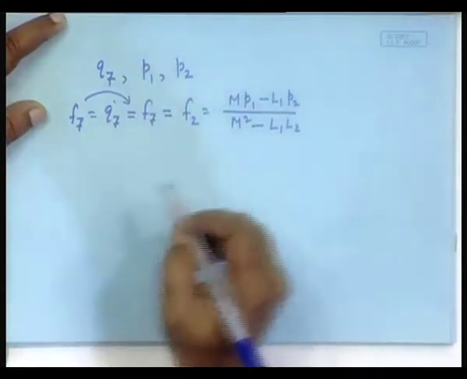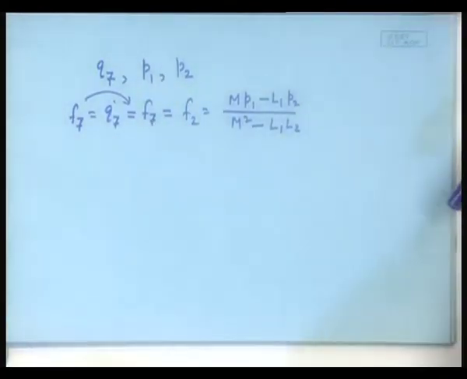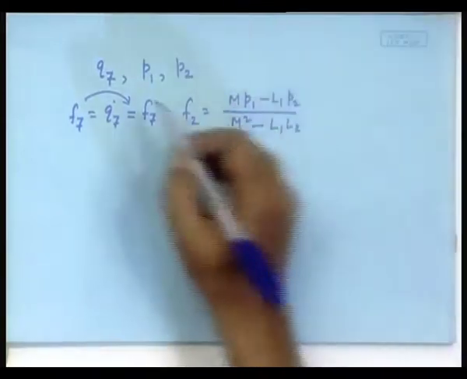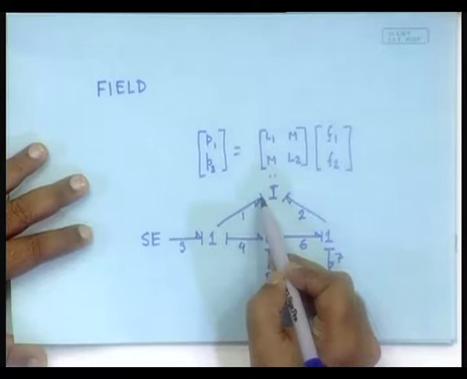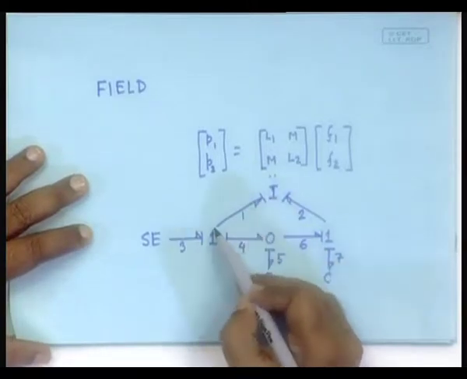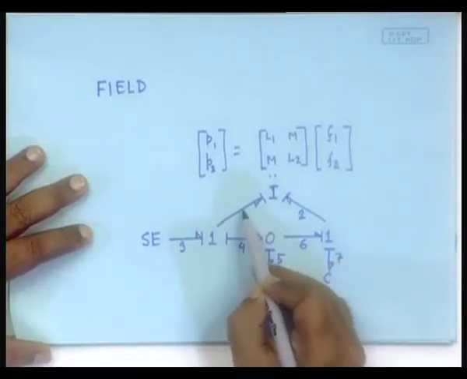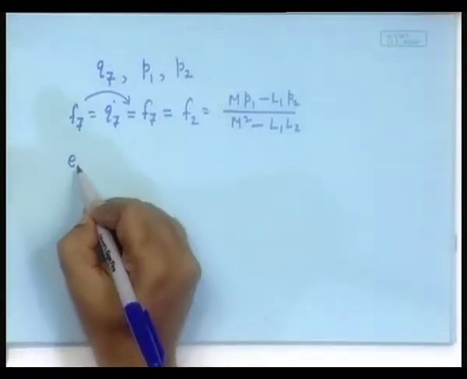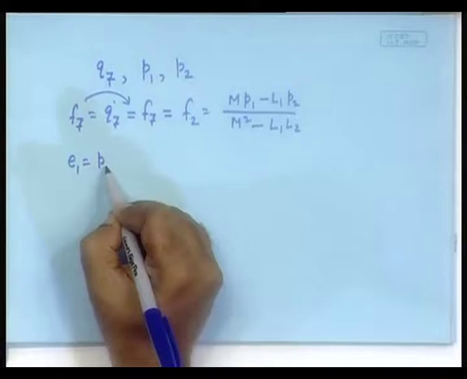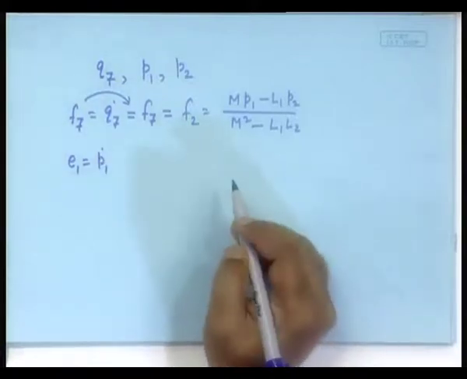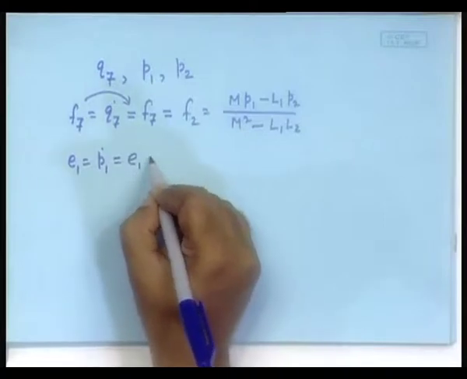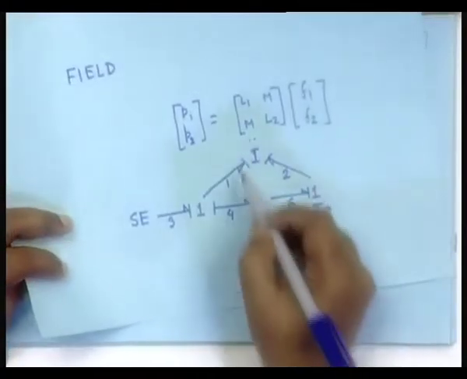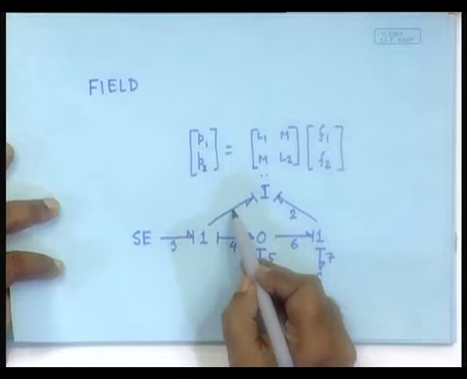Then we need to ask the question with respect to P1. What does this element receive from the system through this particular bond? E1. So, E1 is equal to P1 dot. We write E1 on this side and then we start off with E1. Where does this information come from?